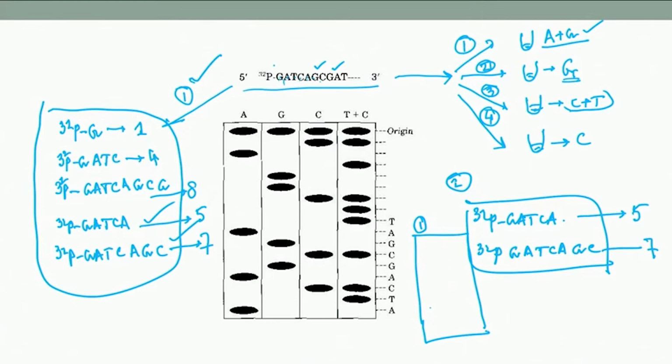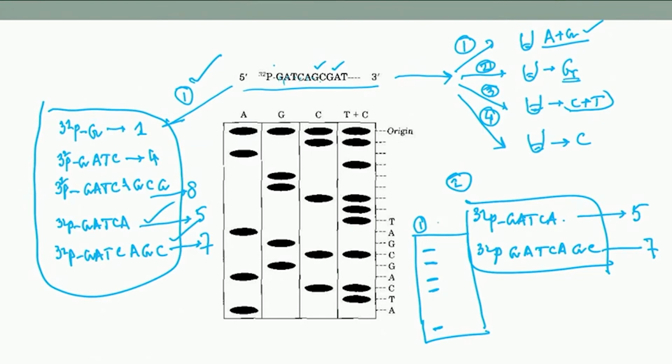The more the number of bases, the more is the molecular weight. So your number 1 will be here, that will be the fastest moving, then you have number 4 here, you have 5 here, that will be a little bit slower, and you have 7 here, and you have 8 here. So these are the bands. So that will be the case.